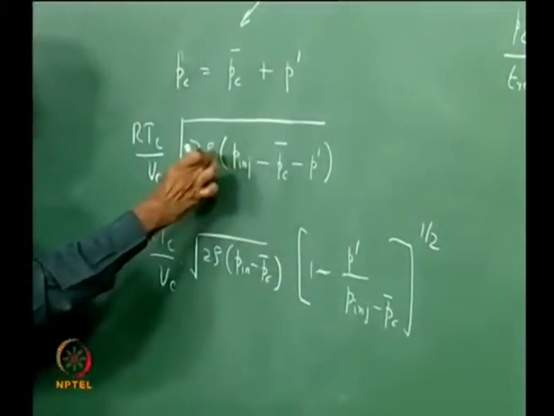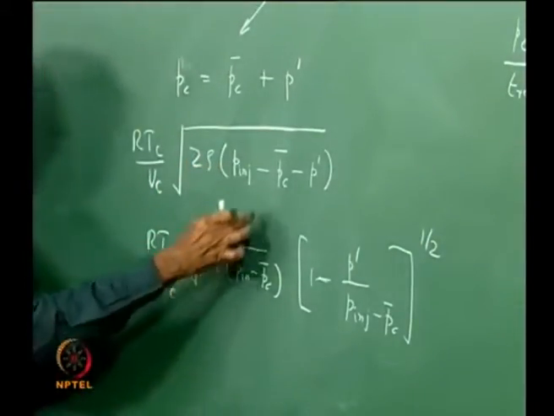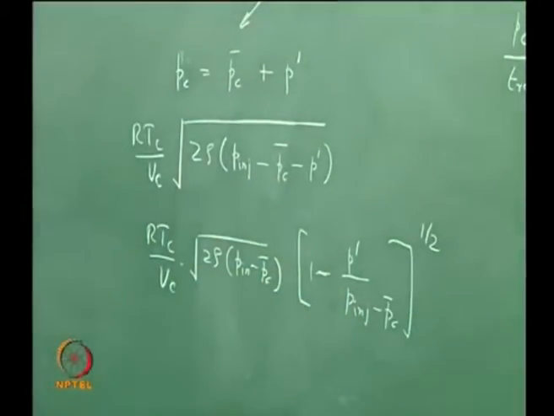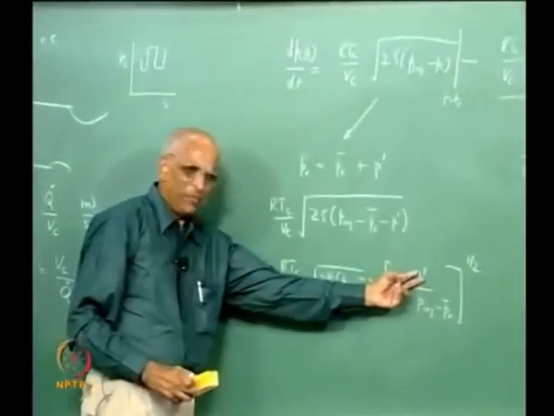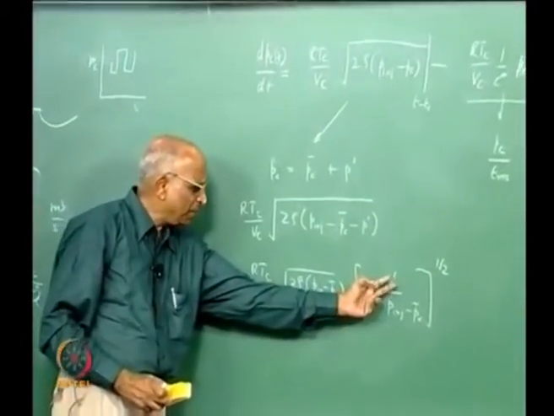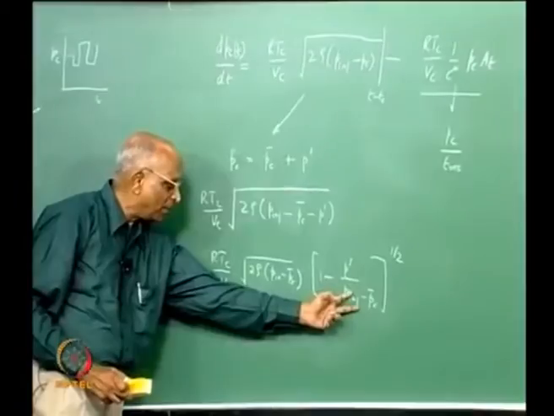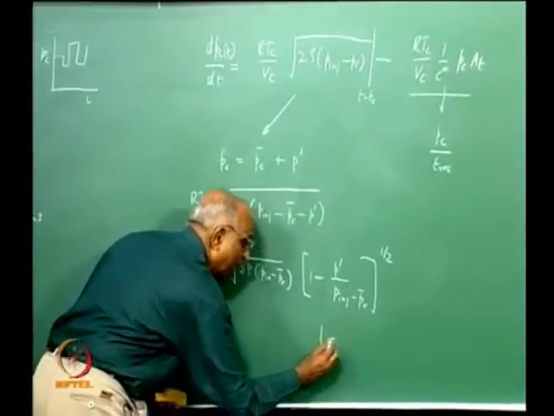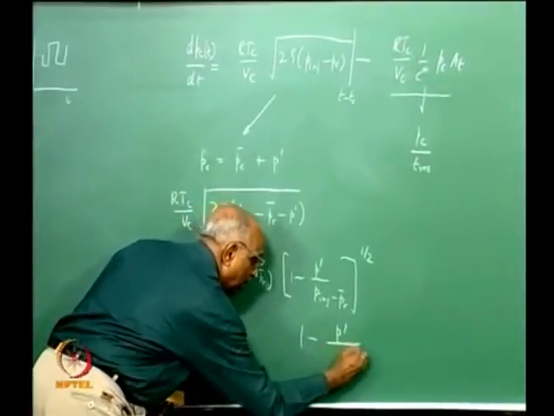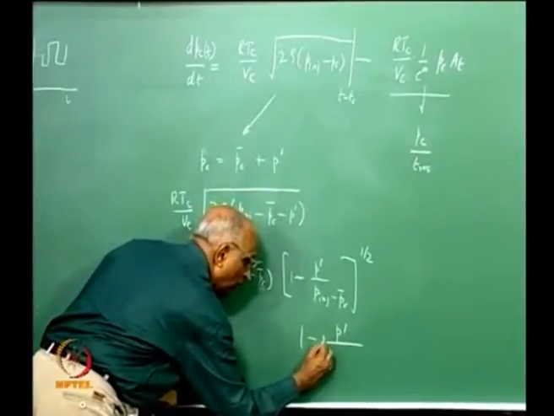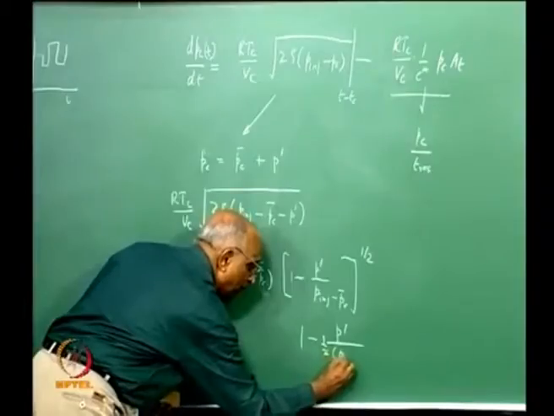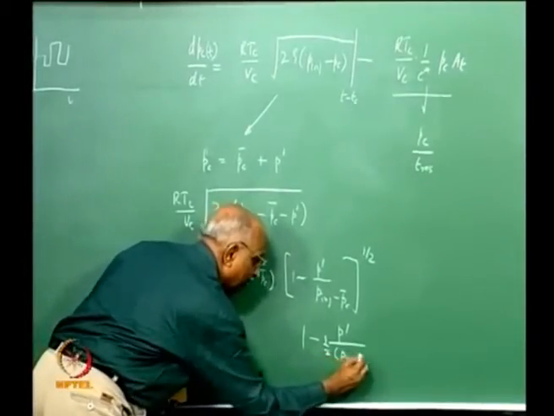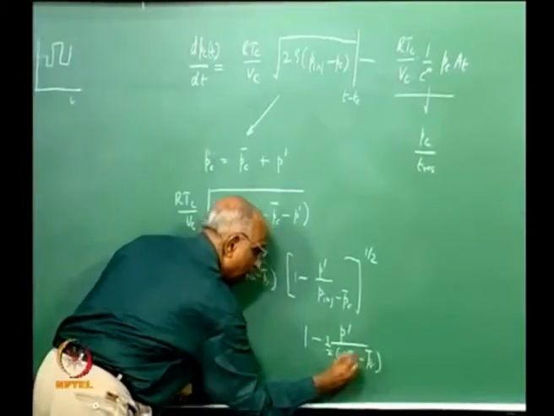All I have done is I have taken this outside, I took this again outside, and therefore I have Pc bar minus this over here. I also know that the magnitude of P prime may not be very large, and therefore P prime divided by this may be a small number, and therefore I can write this part of the expression as 1 minus P prime divided by maybe 1 by 2 of P injector, that is the injection pressure, minus the value of Pc bar over here.